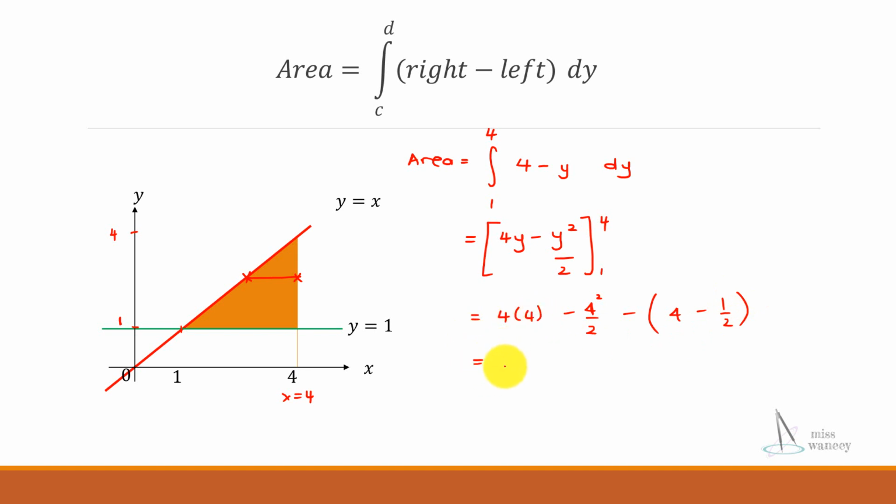So 4 times 4 is 16, 16 over 2, so this is 8, minus 4 minus 1 over 2, so this is 7 over 2. Okay, so this is 8 minus 7 over 2. So 16 minus 7, so this is 9 over 2 unit square.